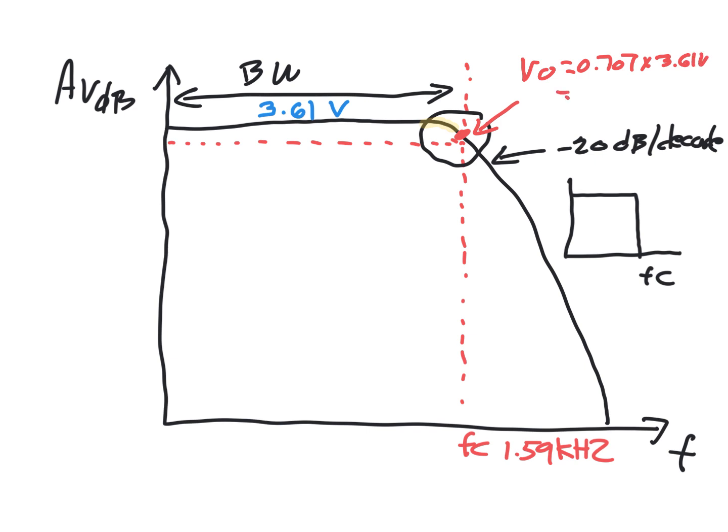So if the output voltage is 3.61, experimentally, you're at the critical frequency when that voltage has dropped to 2.55 volts, right? So you just monitor the output. When it's down to 2.55 volts, boom, you're at FC.